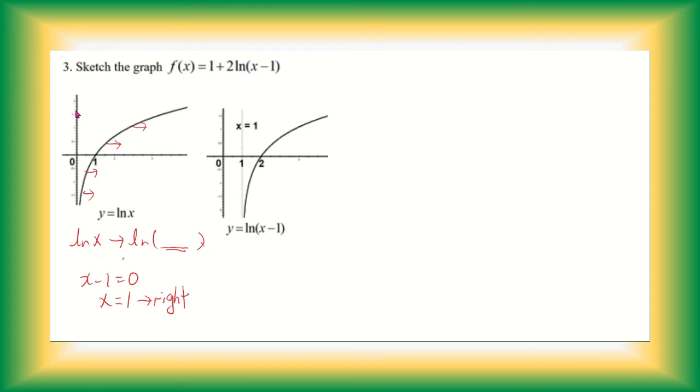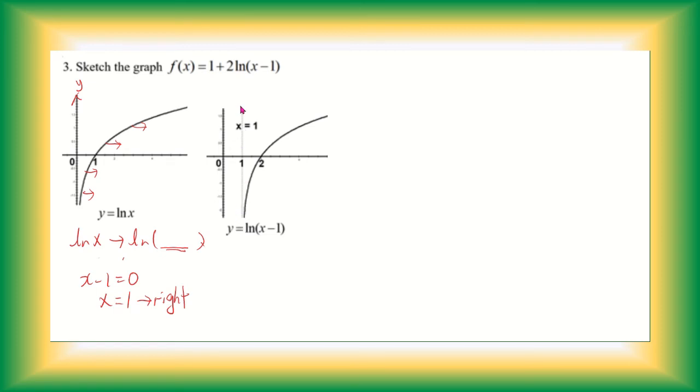Before shifting, the vertical asymptote coincides with the y-axis, so it is hidden behind the y-axis. When the whole curve is shifted to the right hand side, this brings the vertical asymptote out from the y-axis, and now the vertical asymptote is no more hidden behind the y-axis.